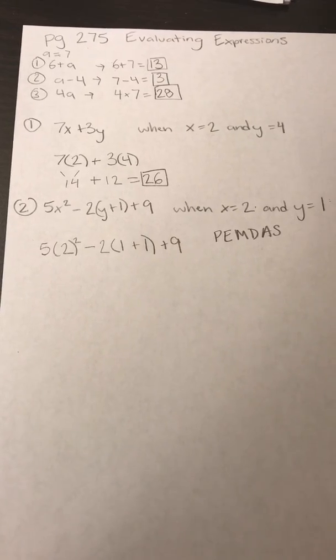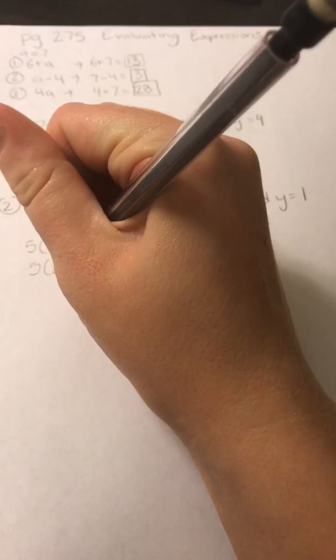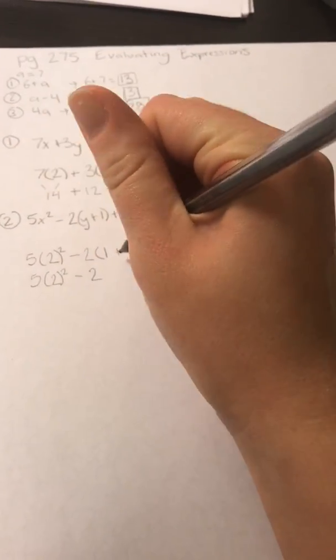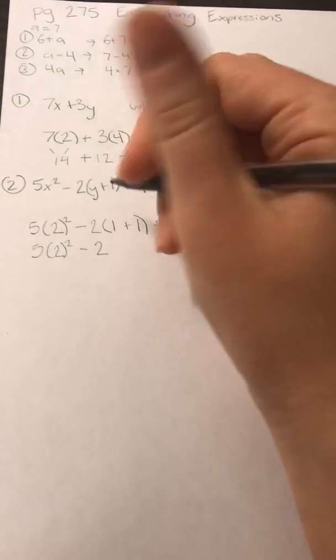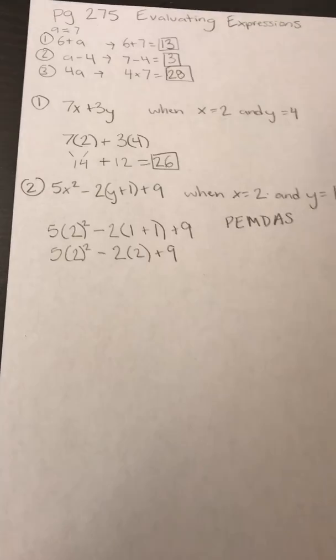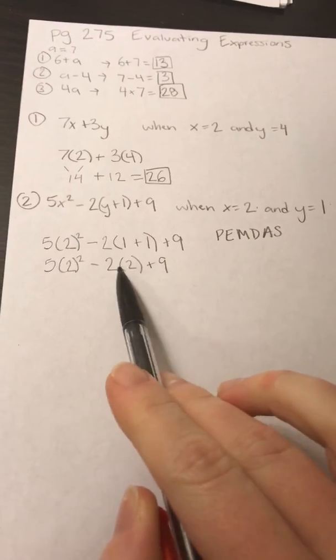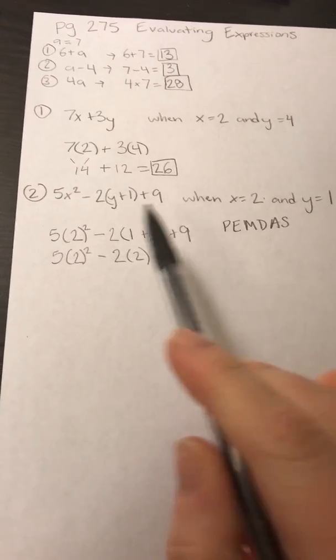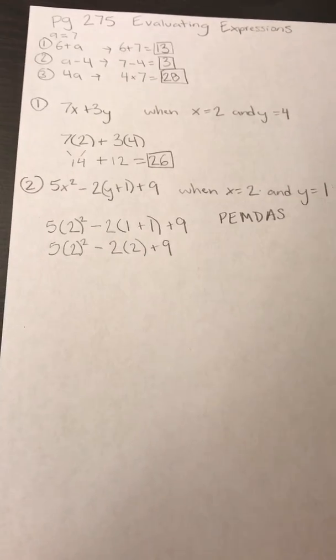So parentheses are first. So I'm going to have my 5 times 2 squared minus 2, and then I have to do what's in the parentheses. What's 1 plus 1? That's 2 plus 9. All right, so now my parentheses are gone. These parentheses just mean multiplication, so that's different. But these ones were showing addition inside of it, so we had to finish that.